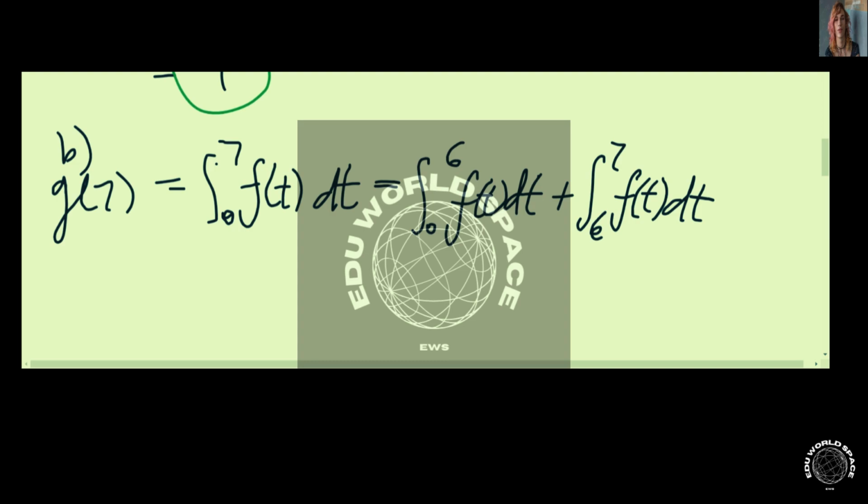Now, we saw in part A that g of 6 was 4. Now, looking at the area from x equals 6 to 7, there appears to be about 2.2 square units. So this is approximately 4 plus 2.2, or 6.2.